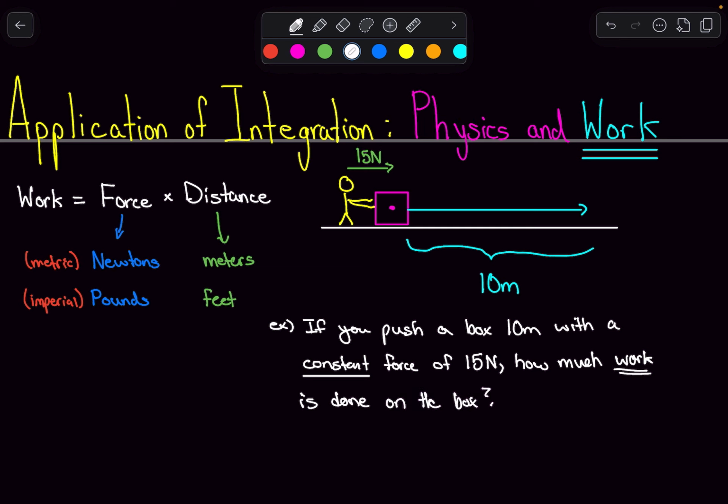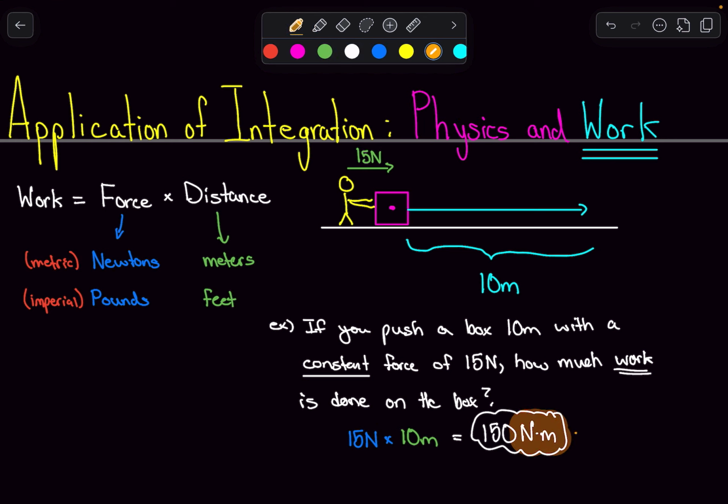Okay. And the calculation for this is as straightforward as it sounds. We're going to do the 15 newtons multiplied by our 10 meters, and we're going to get 150 Newton meters as our answer. Now, if you've taken physics before, or maybe you've watched a couple science videos of some sort, you may recognize this unit, Newton meters.